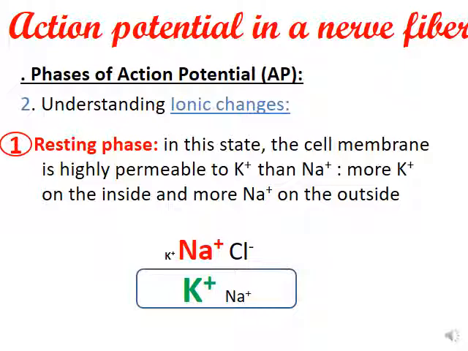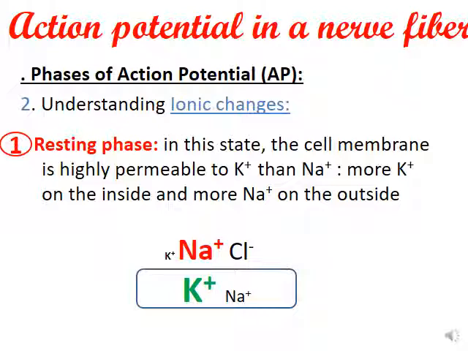First of all, let's start with the resting phase, resting state. It corresponds to delta V equal to minus 70 millivolt. So in this state, the cell membrane is highly permeable to K plus. So more K plus is on the inside and more Na plus is on the outside. This happens in the resting phase.